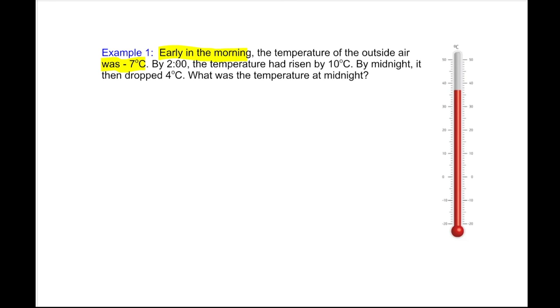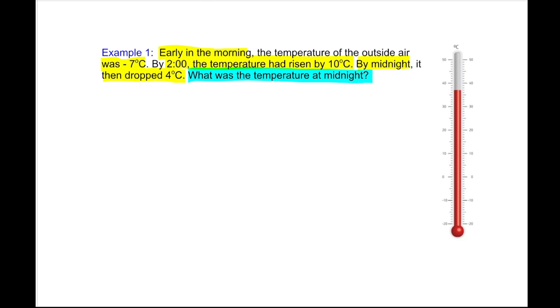So in early morning, it was negative 7. By 2, it had risen by 10 degrees. And then by midnight, it had dropped 4 degrees. And the question is asking, what is the temperature at midnight?